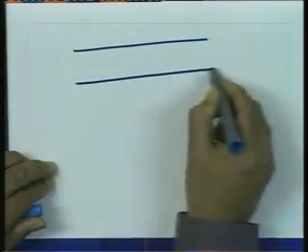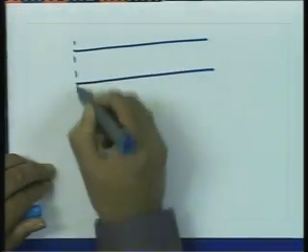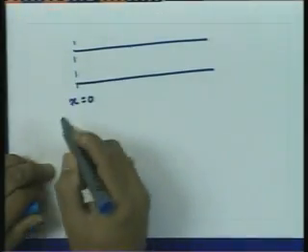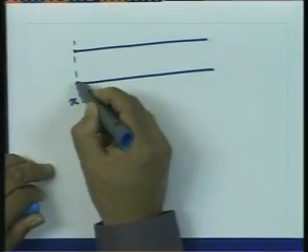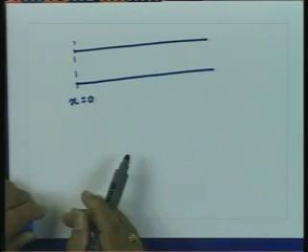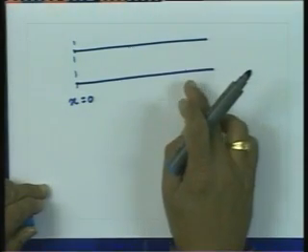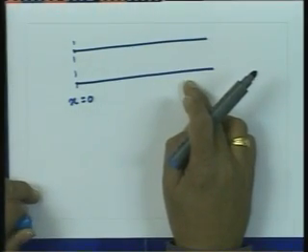So, let us say I have a line here, I have some location here which I call x equal to 0, and at some instant of time I measure the voltage between the terminals of this line. I want to find out what will be the voltage at some other point on the transmission line at some other instant of time.